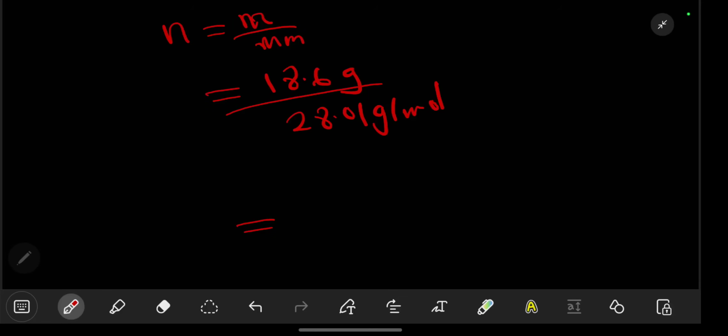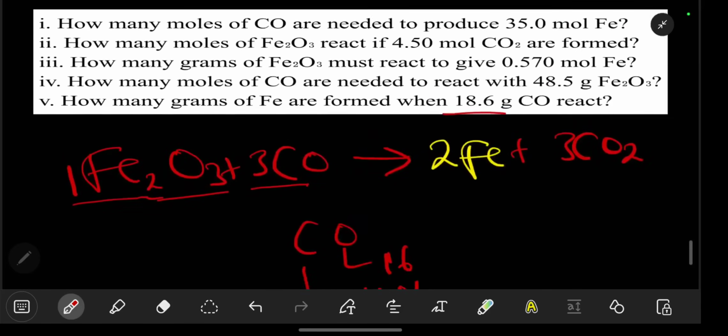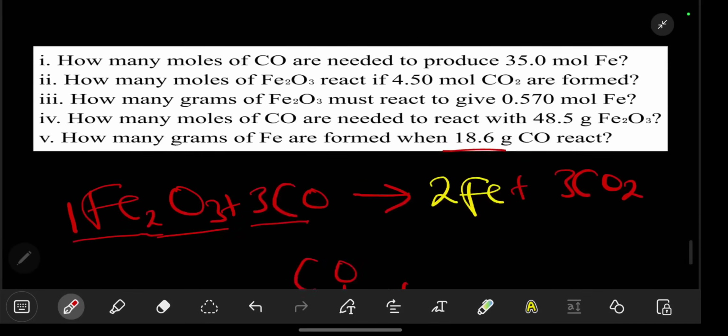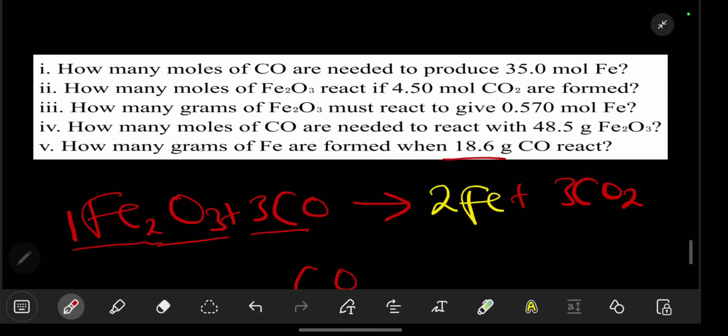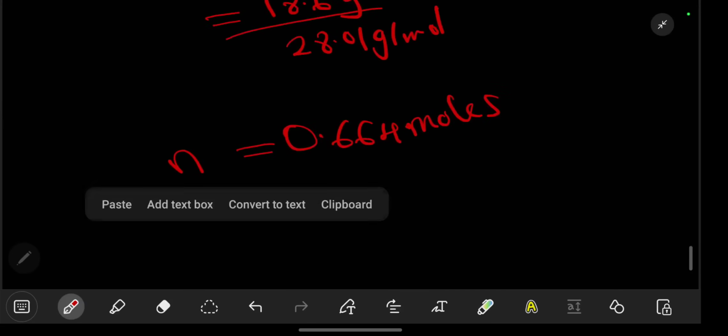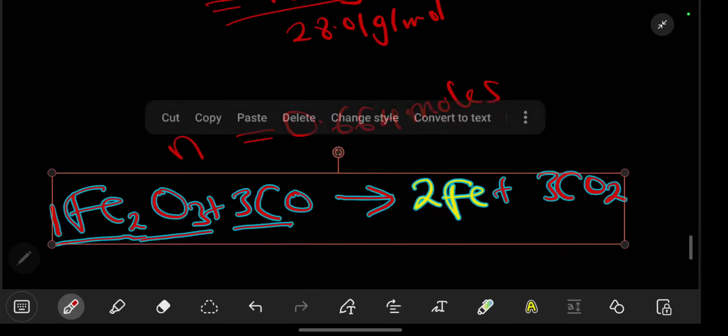When we do that, we are going to get 0.664 moles. So these are the number of moles. Then all we have to do now is answer the question, which is how many grams of iron are formed when this number of grams react. Mass to mass can also work, but for many of you, you are not conversant with that method, so let's just go with a simple one.